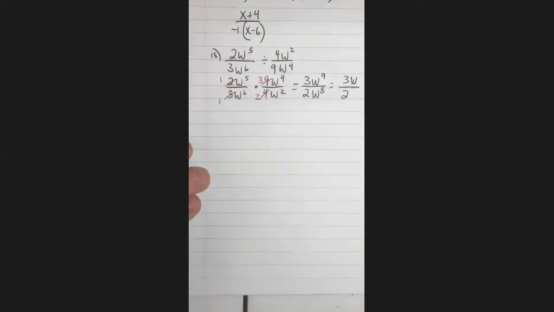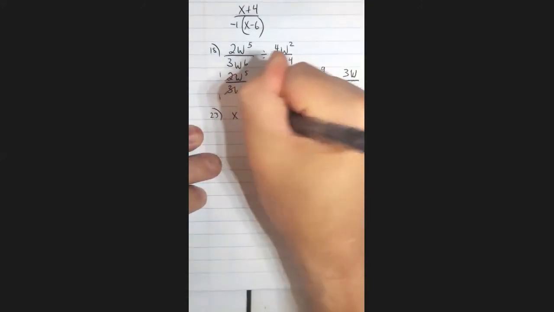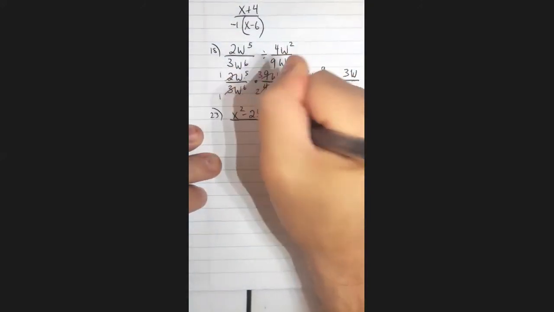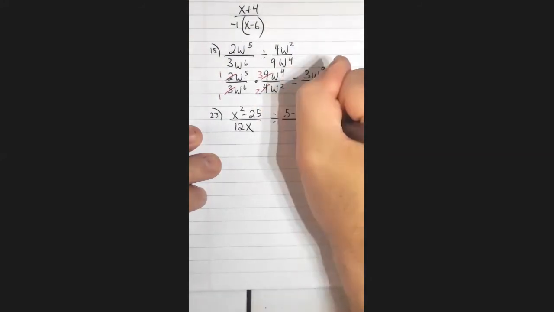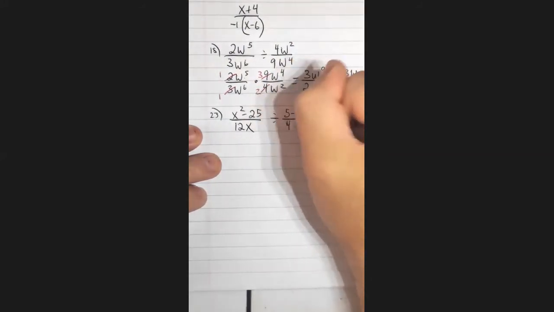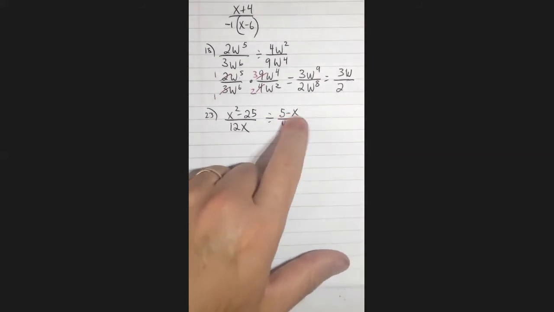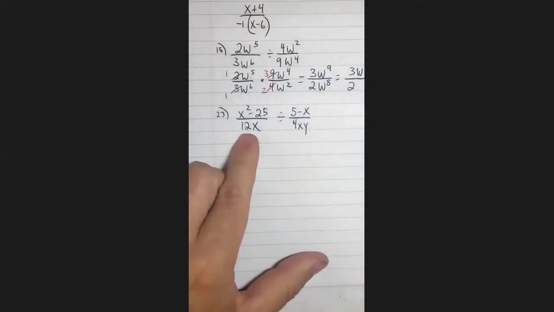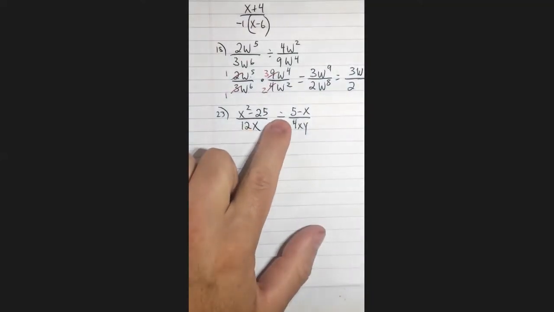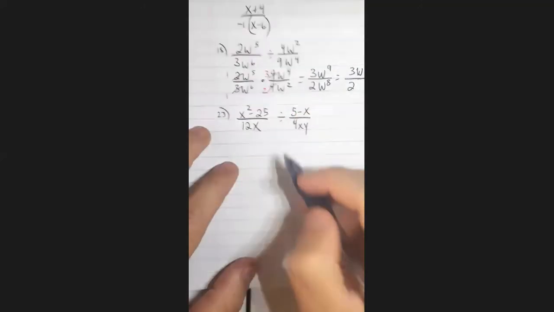And our last example. So, another division. This is another one of these problems with that weird little 5 minus x, okay, that I'm going to deal with by changing to multiplication, and I'm going to rewrite it the way I want it.